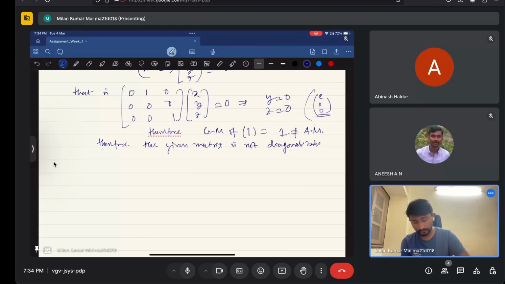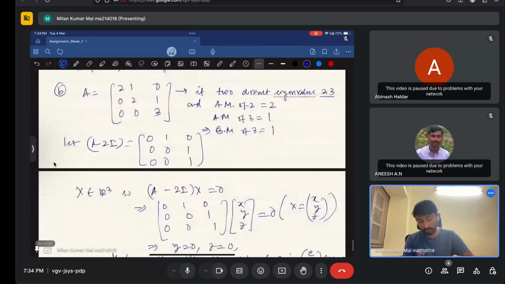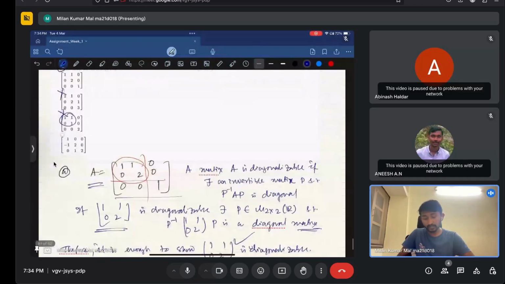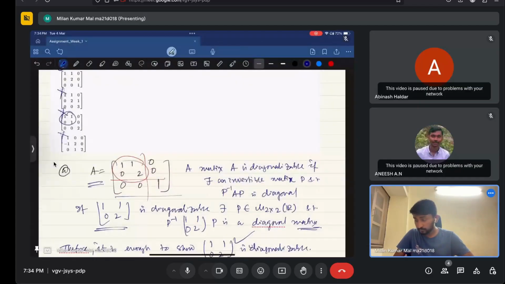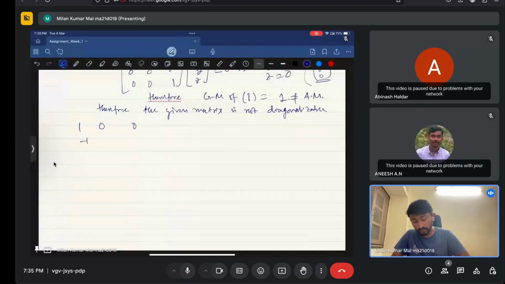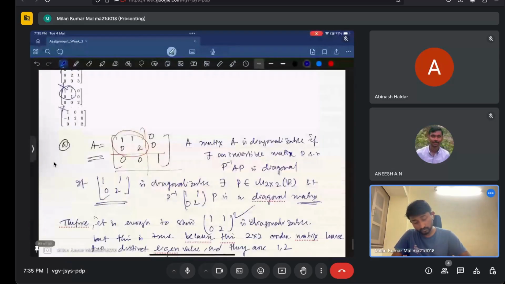Okay, so this option is also false. Similarly, one can show this is also not possible, but let's try it. That matrix was 1 0 0, minus 1 2 0, 0 minus 1 2. I think this is the matrix, option D. This is the matrix 1 0 0, minus 1 2 0, 1 2.